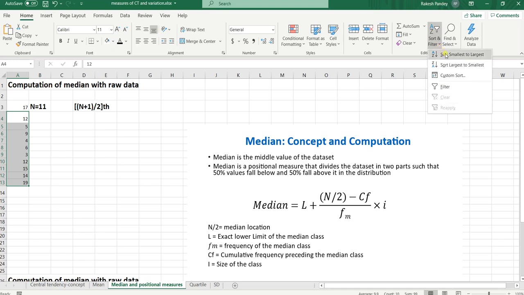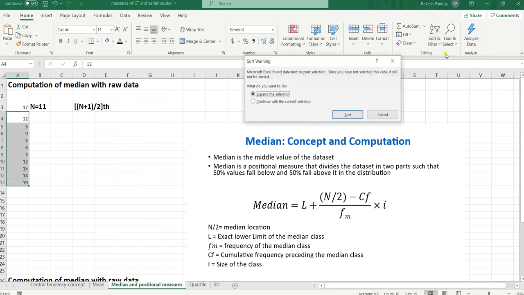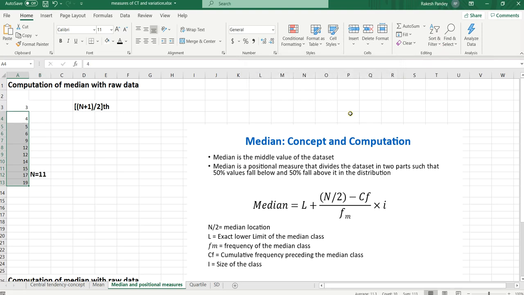Generally, we do it in ascending order. Now we have arranged the data from lowest to highest. And the total number of observations in this case is 11, which is an odd number.